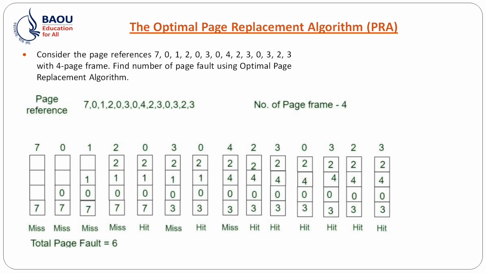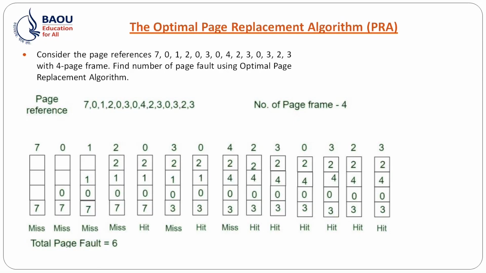When replacement is needed, the page that is used furthest in the future is removed. For example, when page 4 comes, it replaces page 1 because page 1 is not used again. This method gives the lowest number of page faults, which is 6 in this case. It is considered the best theoretical approach, but it is hard to implement in real systems because it requires future knowledge.